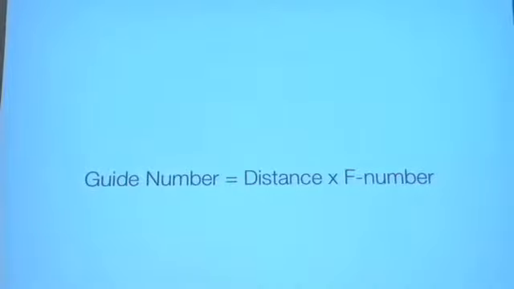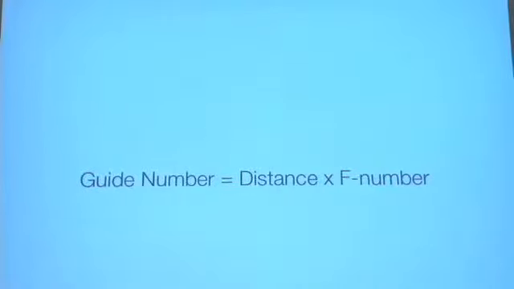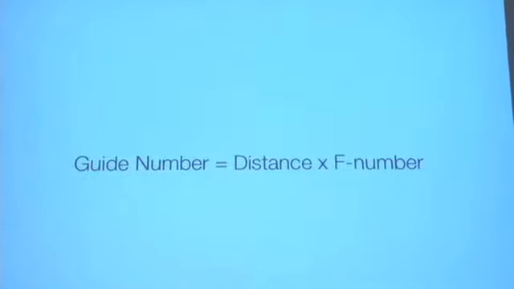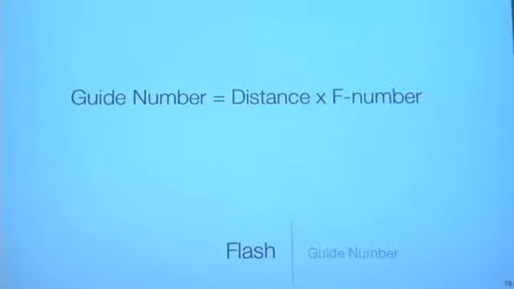So the guide number is a number that's usually on flash marketing materials or even on a review for flashes, for example. And all it really means is the guide number is equal to the distance times the F number. Now, this may not make a lot of sense, but in order for it to make a bit of sense, we have to realize something about flashes.